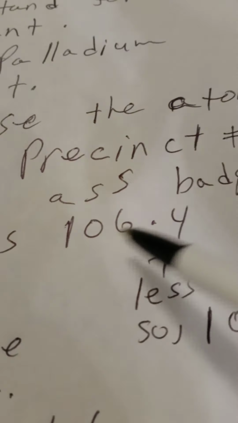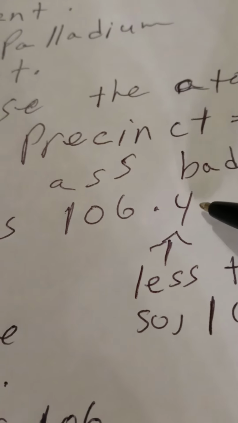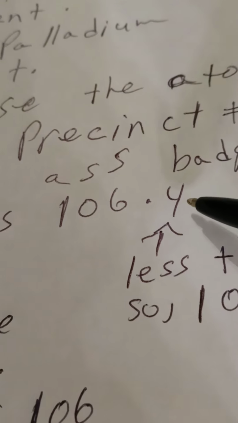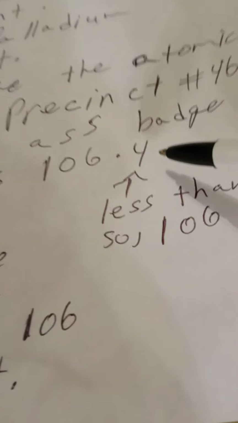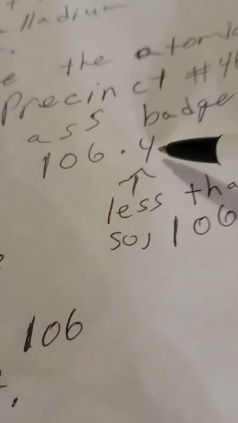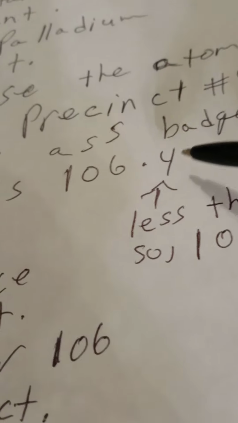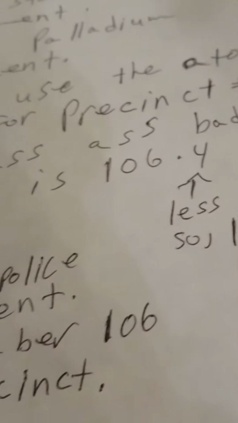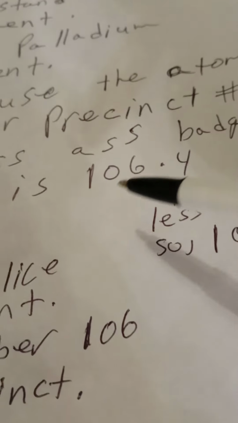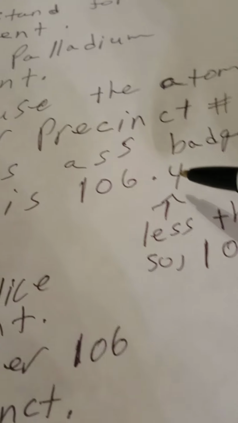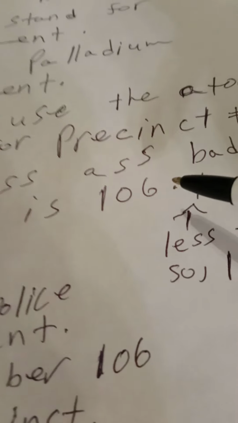Now, we know that the mass is really 106.4. But since this 4 is less than 5, and we learned this in school many years ago, we can take the 4 out and just put 106, because it's not 5 or more. So we're going to take the 0.4 off and put 106 for the mass.